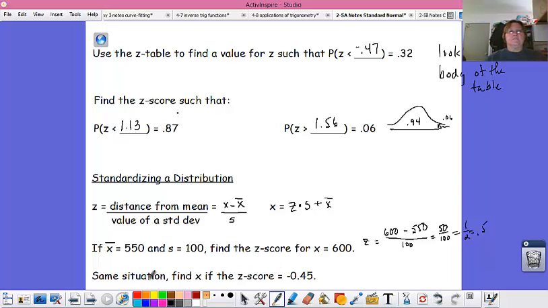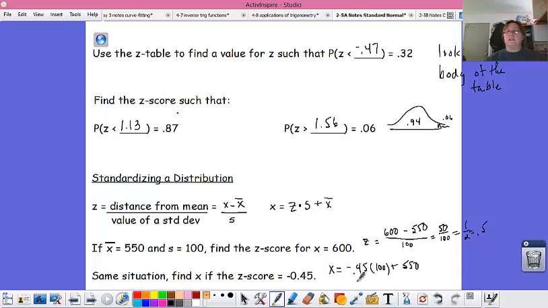Same criteria, same average, same standard deviation. Find an x if the z-score is negative 0.45. So now we need to have an x given a z. So x would equal negative 0.45 times the standard deviation plus an average, and the average was 550.